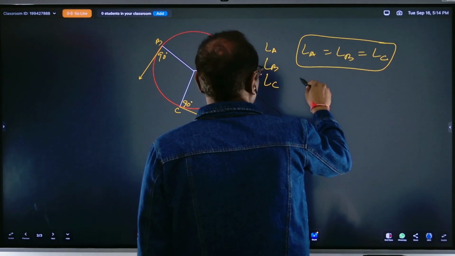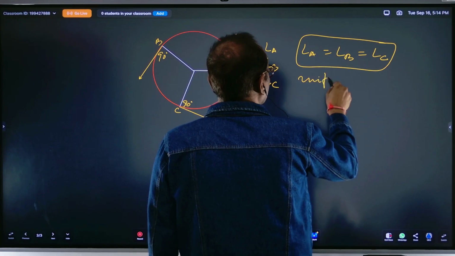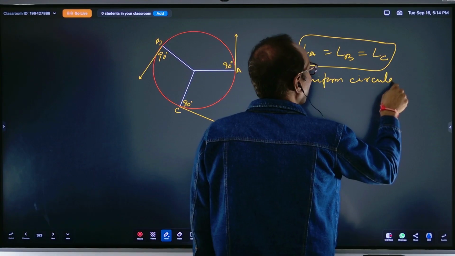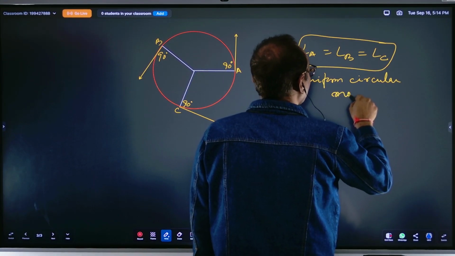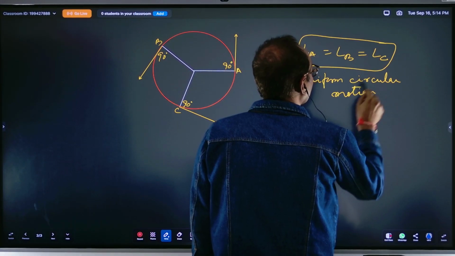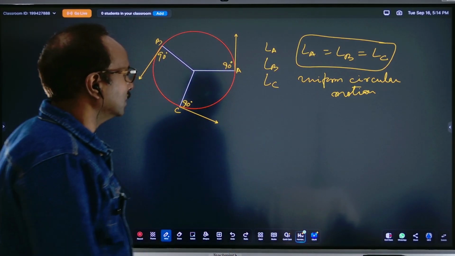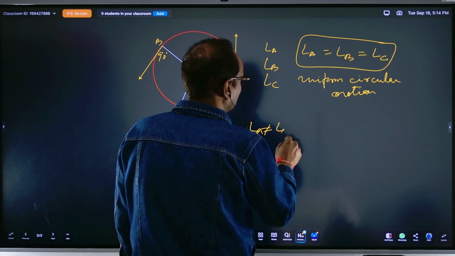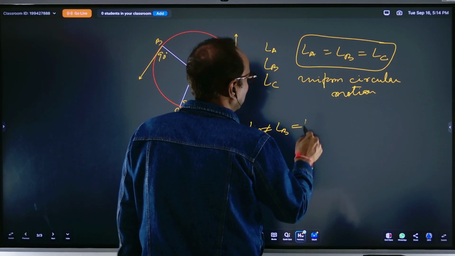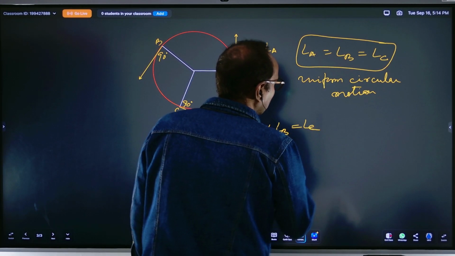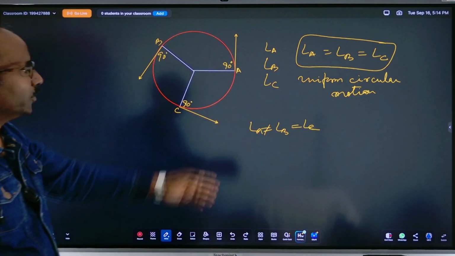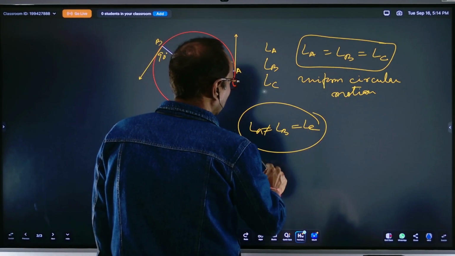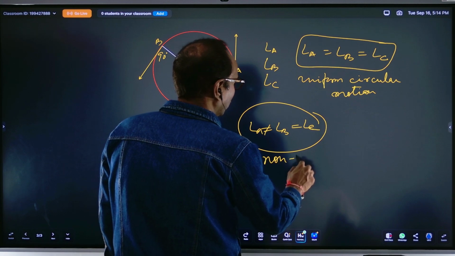But if LA is equal, LB is not, LC maybe equal, so even if at one point it is not equal, then you can say it is a non-uniform circular motion.